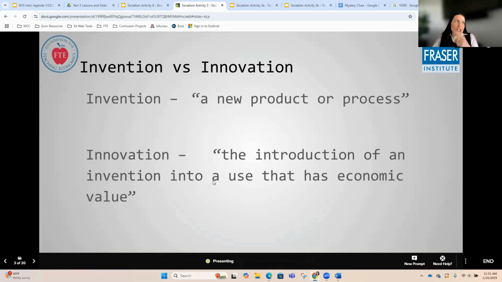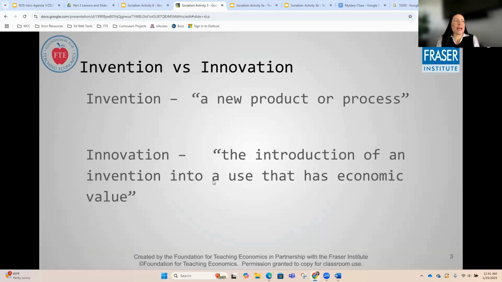Our definition of invention, like many of you said, would be a new product or process, while an innovation would be the introduction of an invention into a use that has economic value. I remember looking at an exhibit at one of the Smithsonian museums in DC, I think the American History Museum, and they had all these inventions of Thomas Edison.